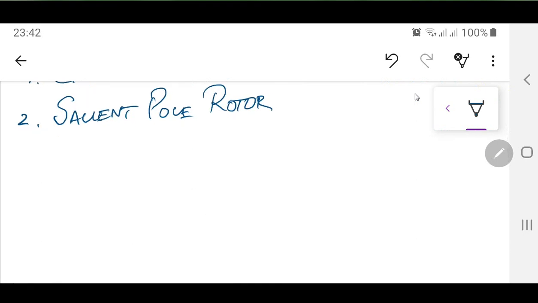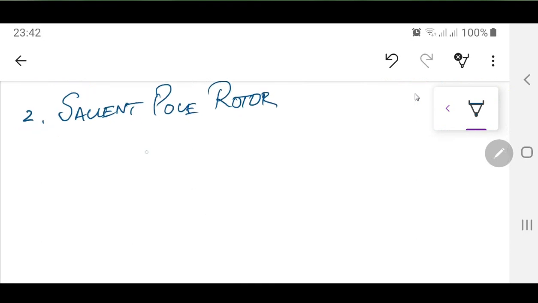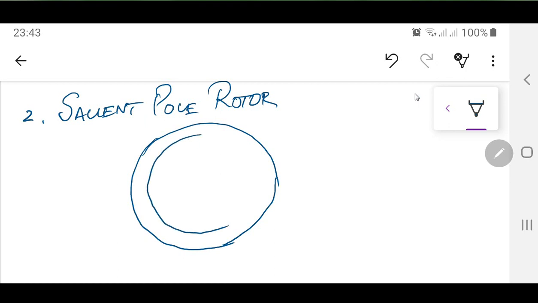So if I supposedly draw the stator over here first, let me draw that stator. Okay, sorry about this.